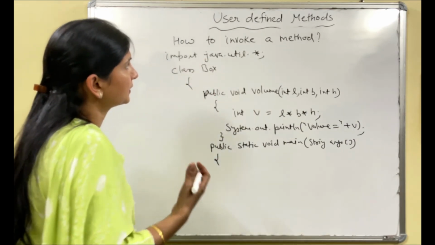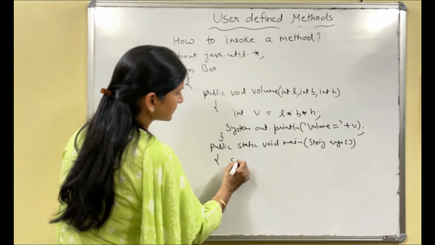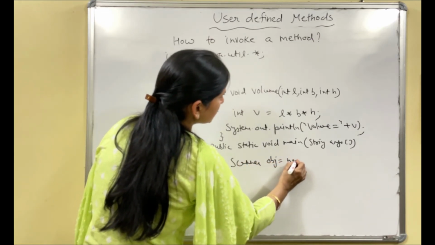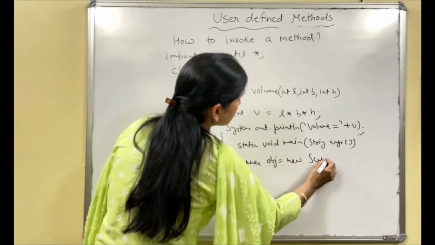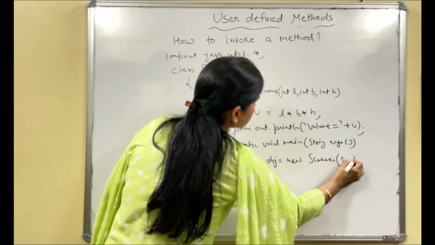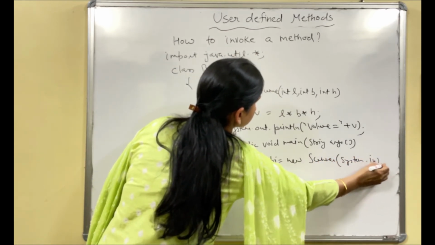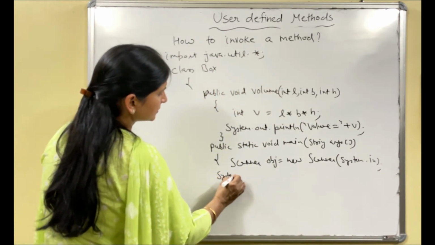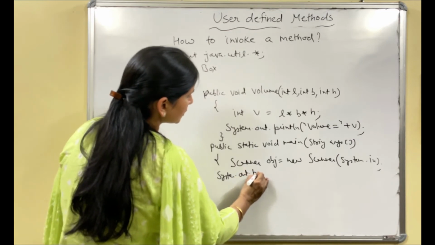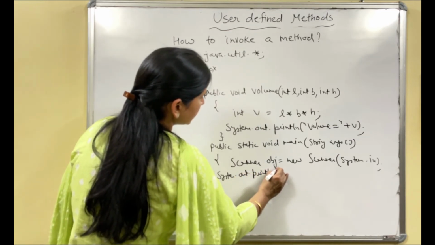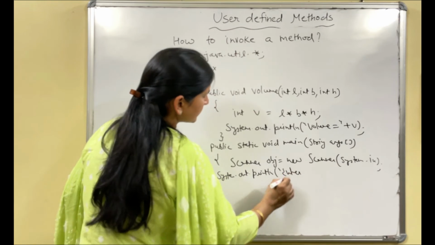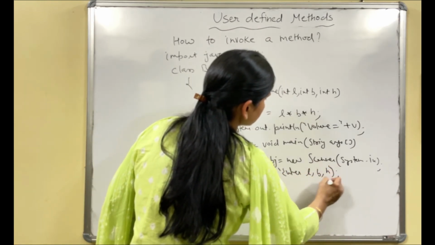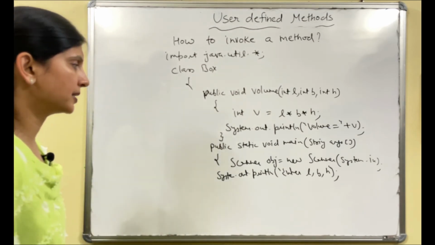First we will create the object of Scanner class: Scanner obj equals new Scanner(System.in), right? Then we will display the message System.out.println enter LBH.